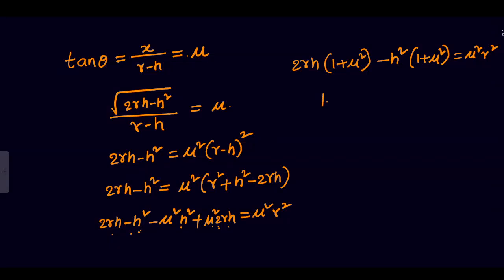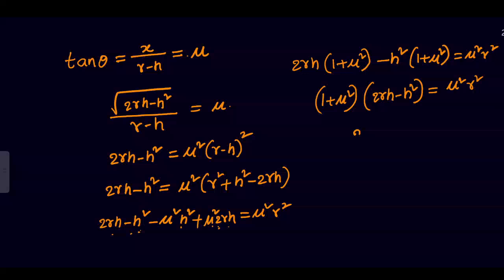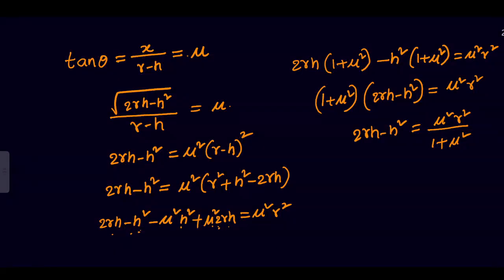Now we take 1 plus mu square common. Then 2rh minus h square is equal to mu square r square by 1 plus mu square. Then we'll get the h value.